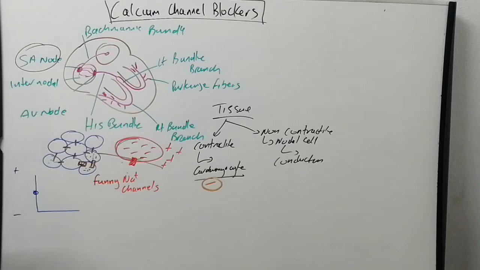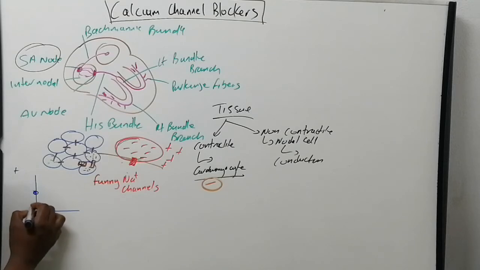They are not contracting. To put it easy. The resting membrane potential of nodal cells is about minus 60.